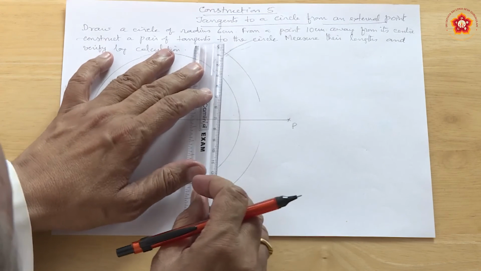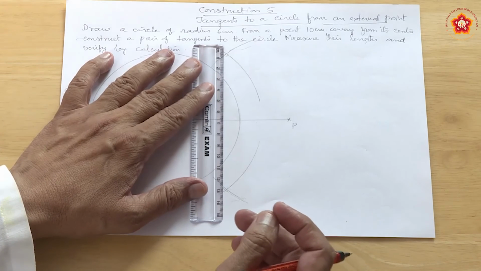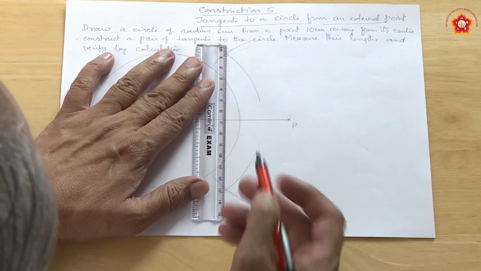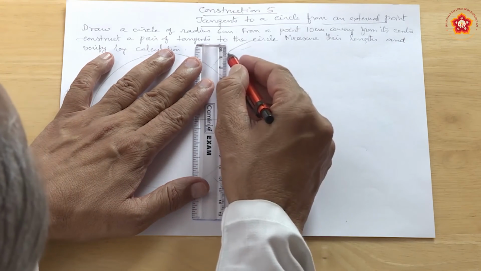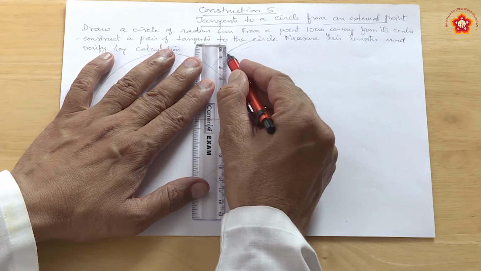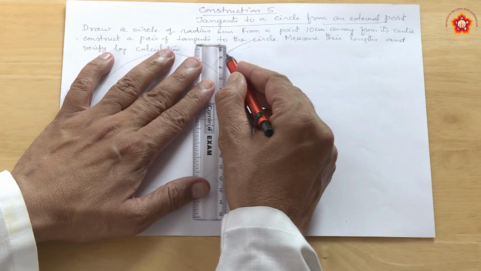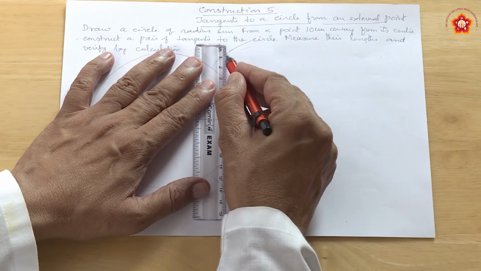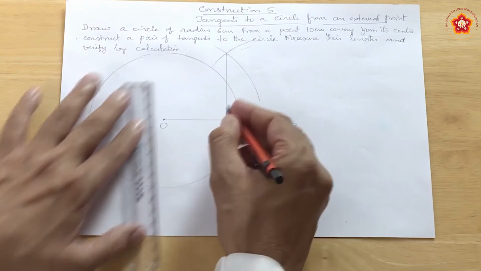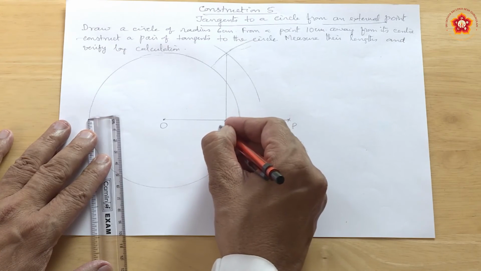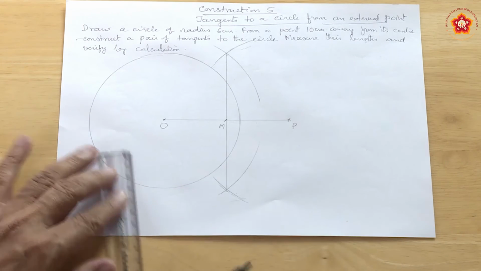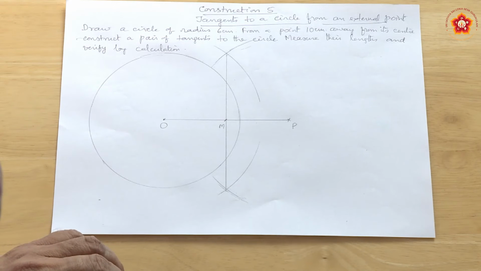Now join these two arcs to cut this line OP at a point called M. That M may be inside the circle or outside the circle, do not get confused.